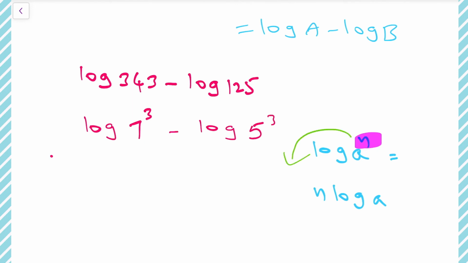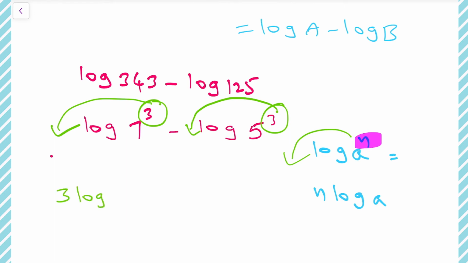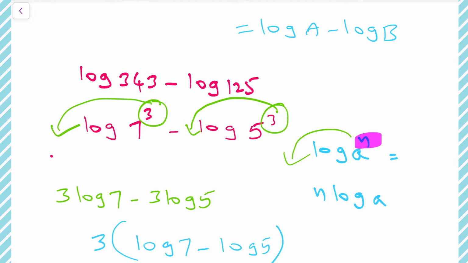So here also the same, we have power 3, that power will come to the front. So it will become 3 times log 7 minus 3 times log 5. In both the terms, number 3 is common, so let us take that 3 common. Then we will be left with log 7 minus log 5.